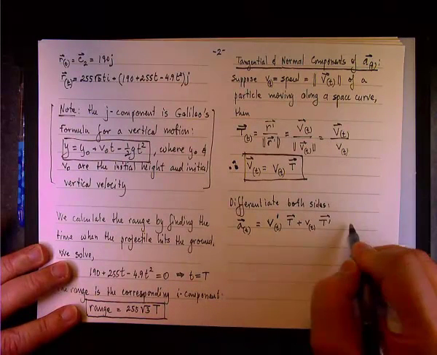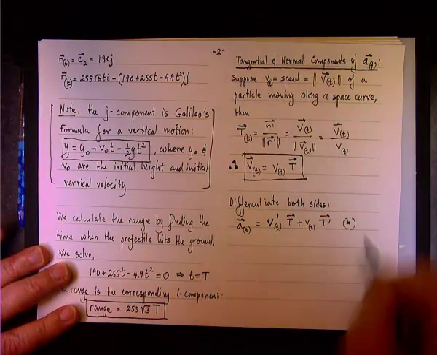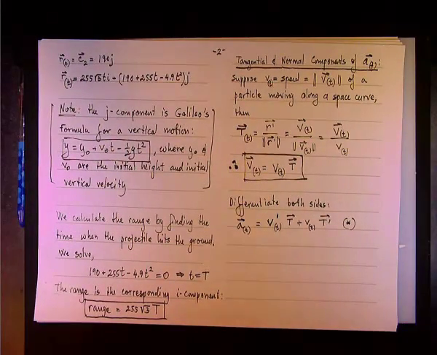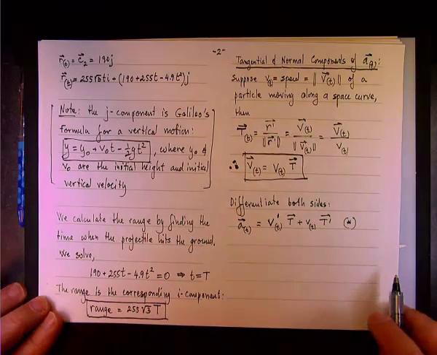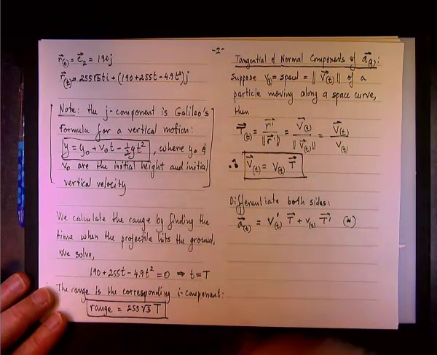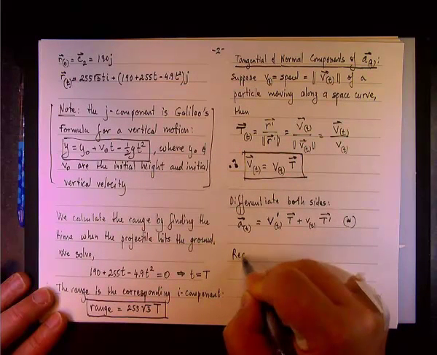This V is always a scalar. That's the speed, remember? It's still a function of time. It's a scalar, but it's what's called a real valued function, a traditional function.